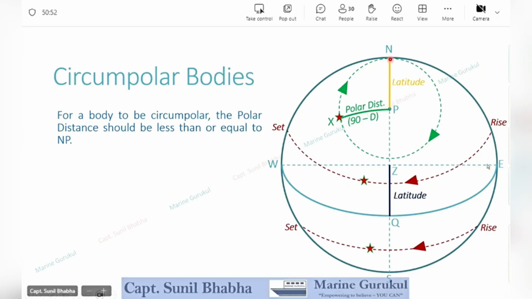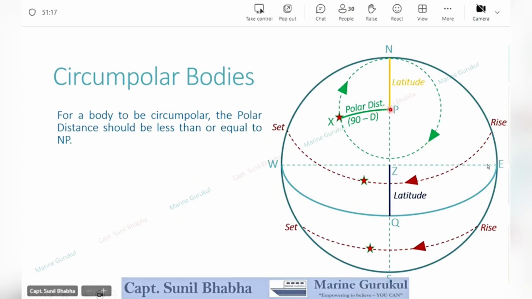If the radius is equal to NP, you will have exactly this particular condition. The circle will be touching the horizon at point N. And if the radius is less than NP, then the entire circle will be within the rational horizon of the observer. So we understand from this diagram now that for a body to be circumpolar, this condition should be met.